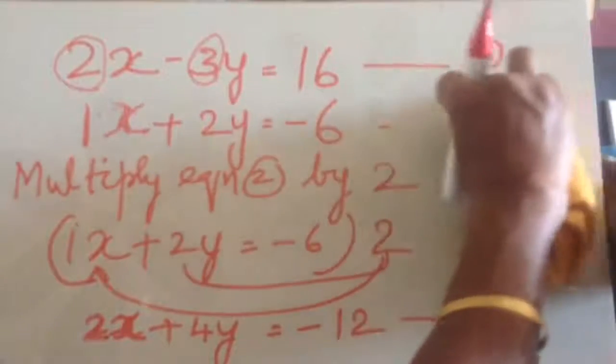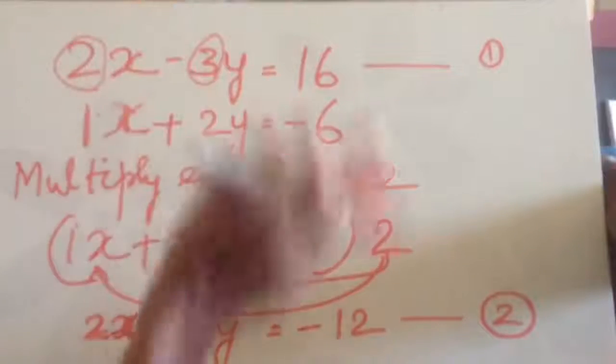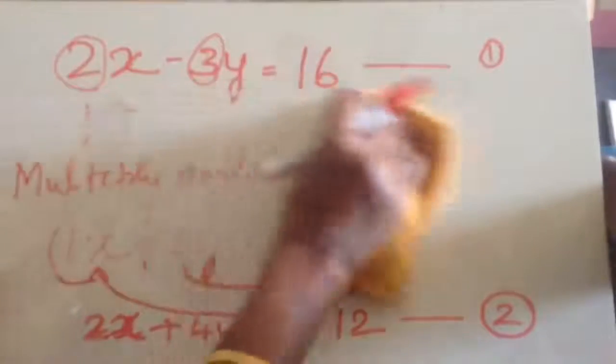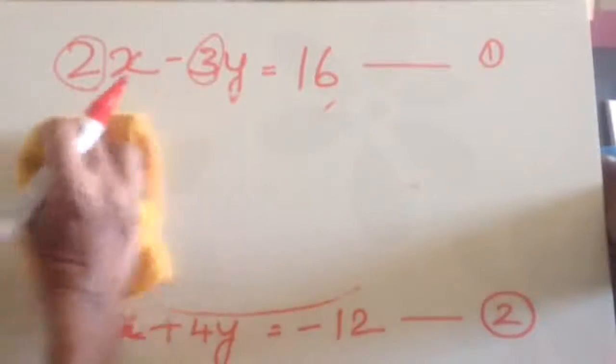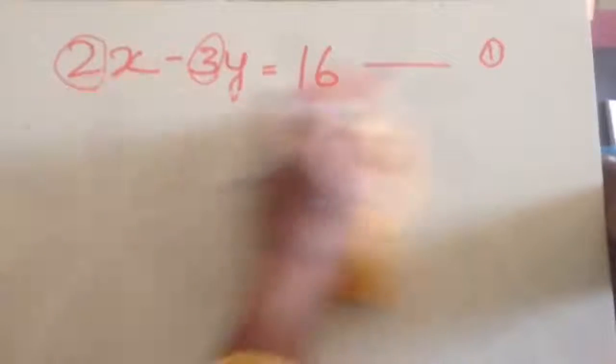So let us forget about the old equation for the time being. Now let us rewrite both the equations 1 and 2. We have got 2x plus 4y is equal to minus 12.